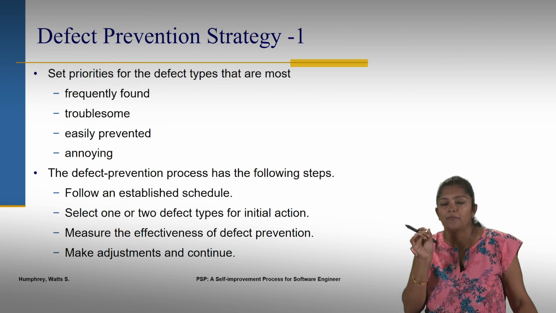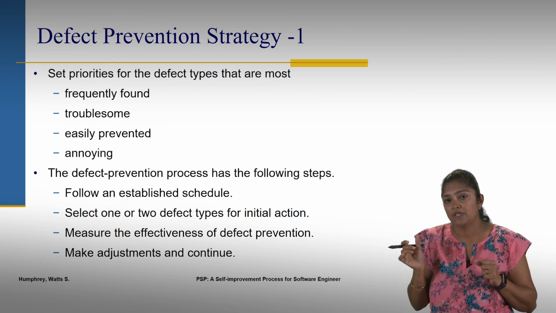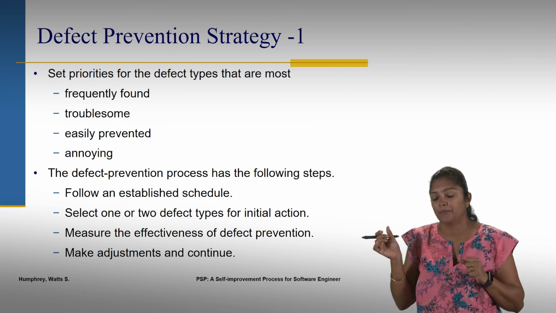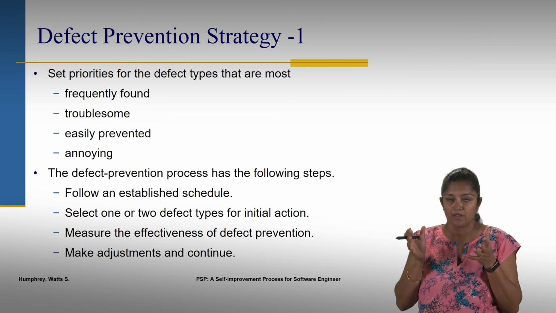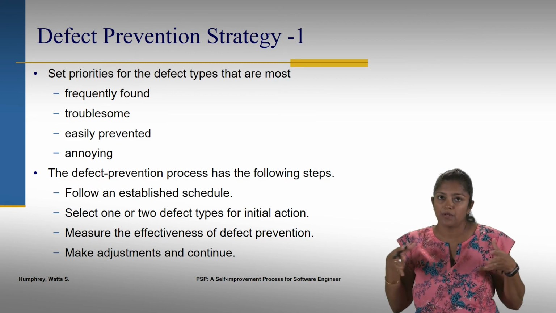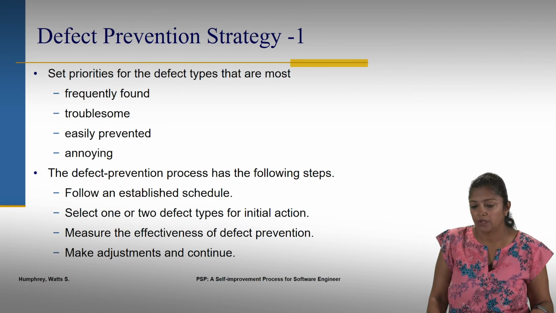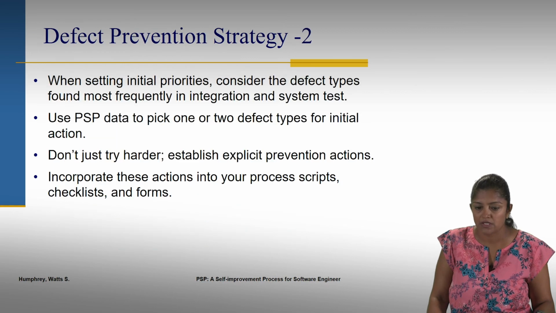So this is now for improvement. You target one or two types and see how you can make adjustments to your process so as not to introduce them. So focus more on them and try to not introduce them in your future code. And that's how you can get better at this process.